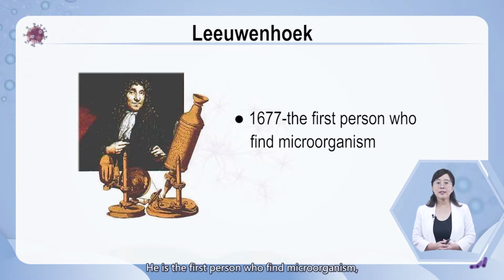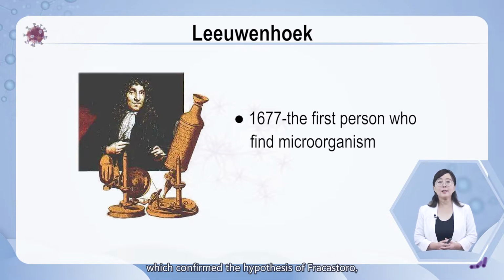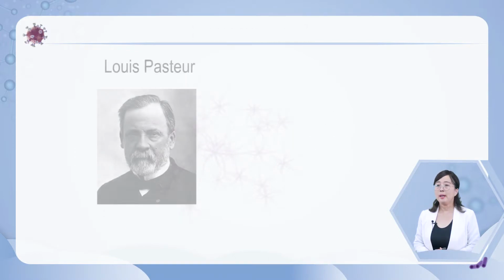He is the first person who found microorganisms, which confirmed the hypothesis of Fracastoro, provided the basis for the existence of microorganisms, and laid the foundation for the development of microbiology.